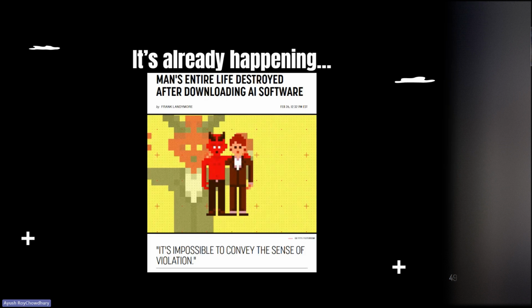And it's already happening, right? There was an article published where an employee at Disney had his entire life destroyed because he downloaded an AI software, and that AI software was actually published by an adversary who was able to exfiltrate his entire system.